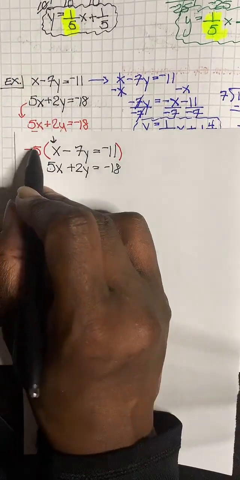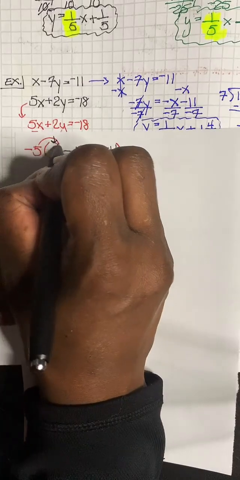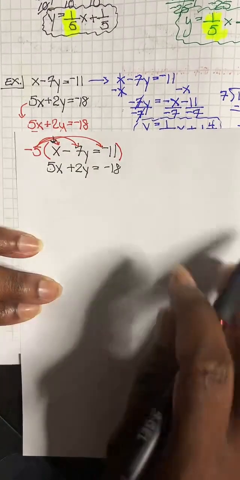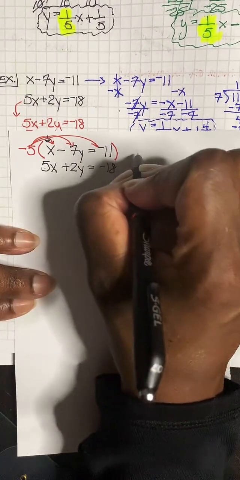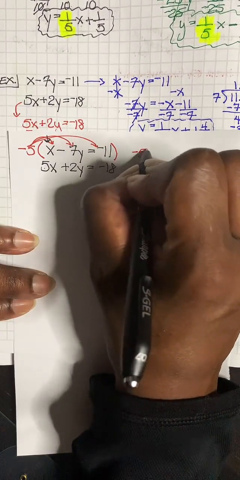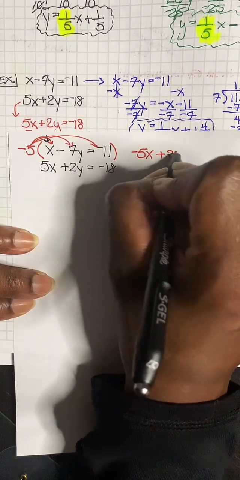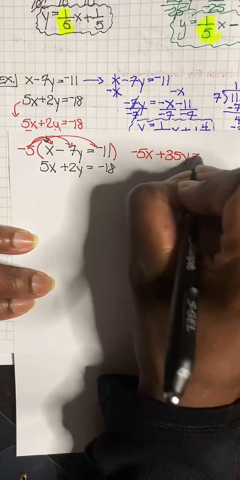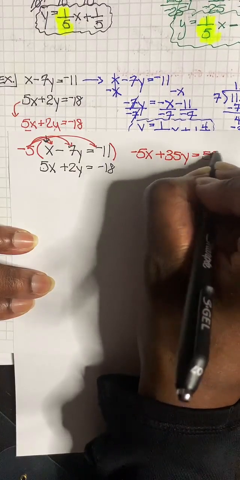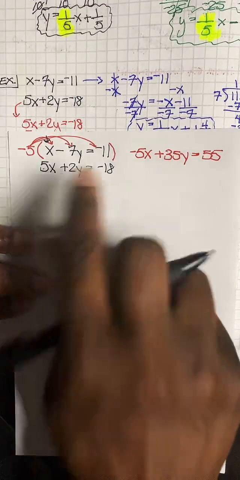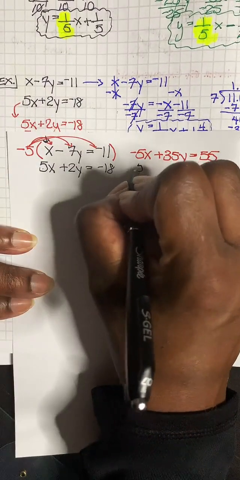So when I distribute this negative 5 to everything inside of the parenthesis, we're going to get negative 5x plus 35y is equal to 55. And the equation that's underneath, I'm just going to write underneath.